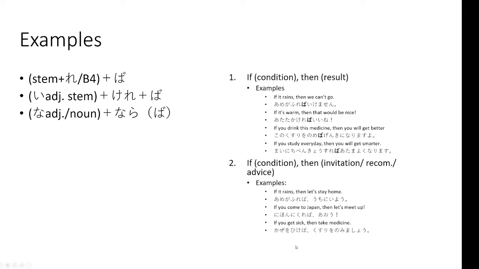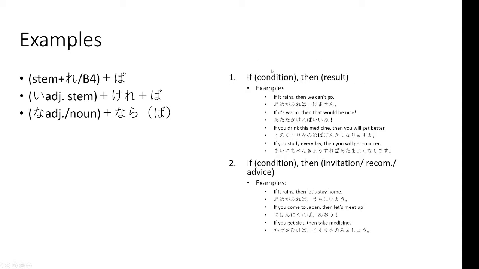Last one is more of a piece of advice or a recommendation, but still is using the volitional form, but this time it's polite. Look at the Japanese. 風邪をひけば薬を飲みましょう. And again, 風邪をひけば薬を飲みましょう.